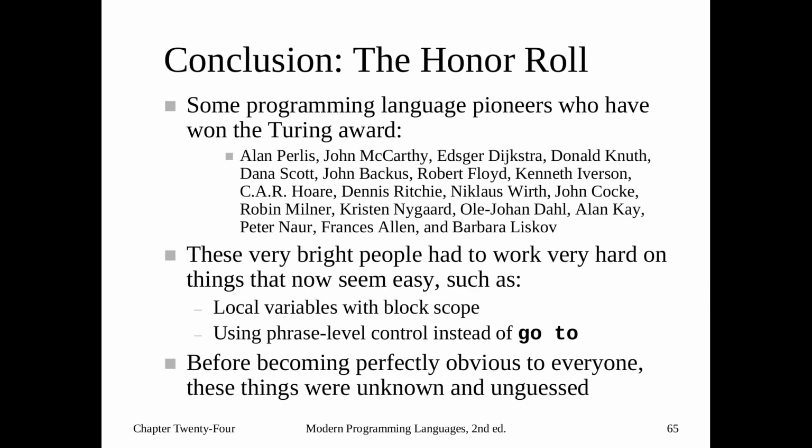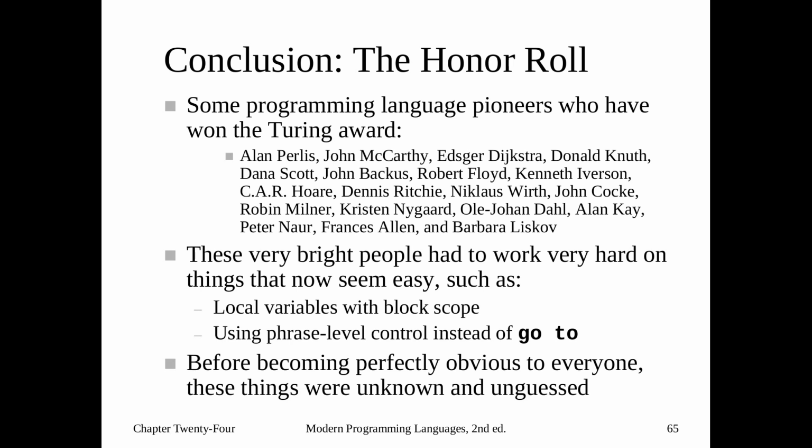That being said, to conclude all this, almost all the major language pioneers listed here have won a Turing Award, which is basically considered to be like the Nobel Prize for computer science.